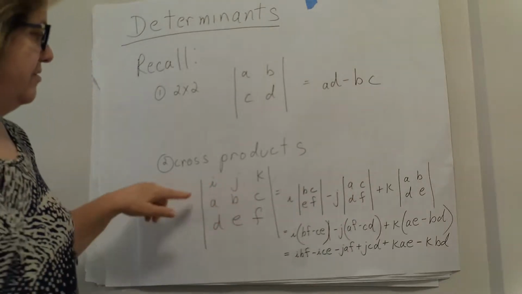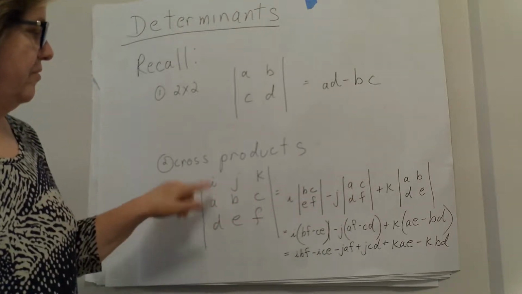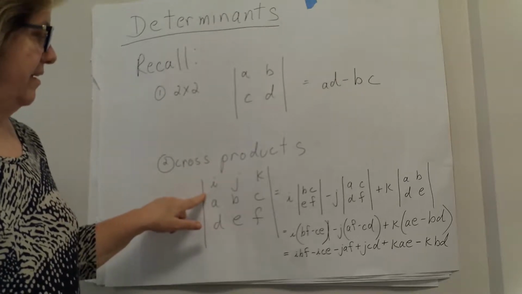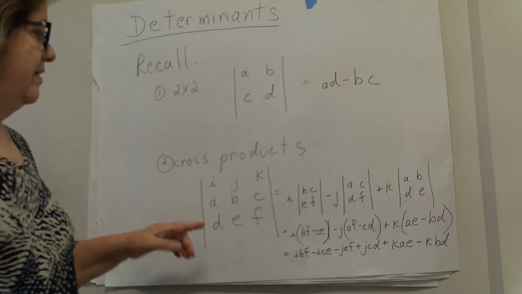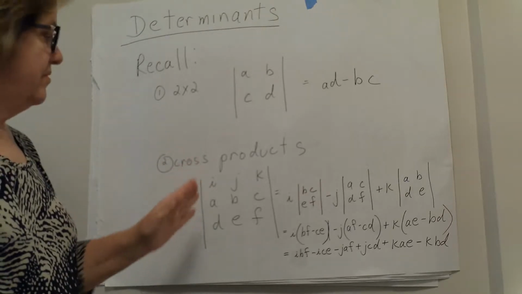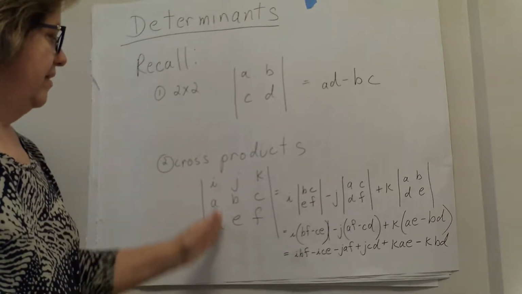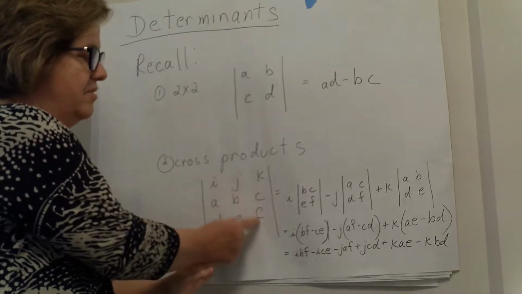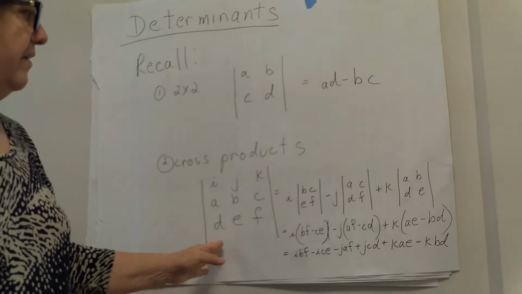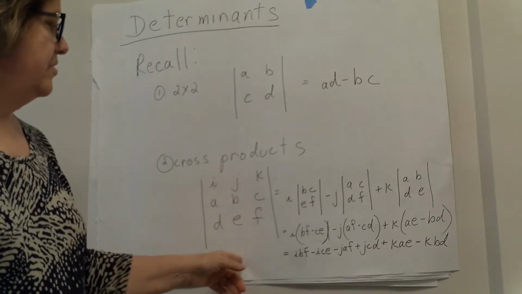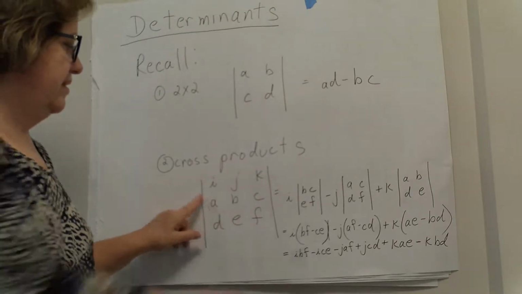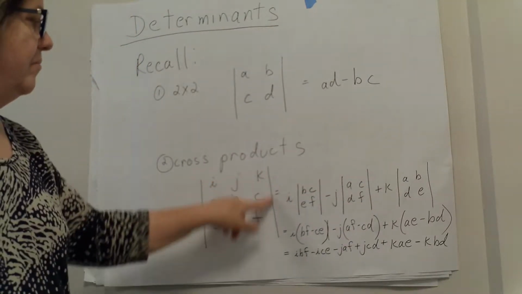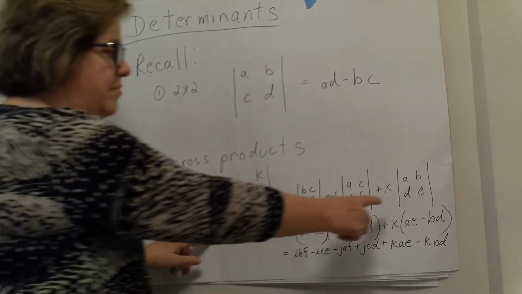So in each case, it's i times the determinant of the matrix that's left when you cut out the column i is in and the row i is in, and then you just have BCEF. You cut out the column j is in and the row j is in, and you have ADCF left. You cut out the column and the row that k is in, and you have ABDE left.